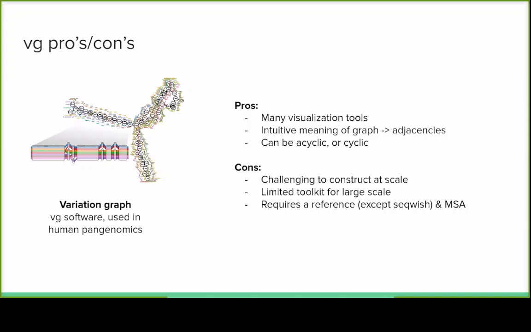There's still a limited toolkit for large scale, by which I mean human-scale variation graphs, although it's growing. At least at the beginning of the variation graph ecosystem, the reference was required to be set. And then Erik developed Seqwish to construct variation graphs without reference, by just aligning genomes between themselves and inducing a variation graph from the alignment, without doing a progressive multiple sequence alignment, for instance.